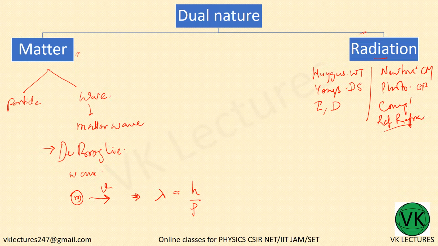This wave is called matter wave. And the velocity at which it moves is called VMW, that is, velocity of the matter wave. It doesn't have any physical significance. This matter wave doesn't have any physical significance.